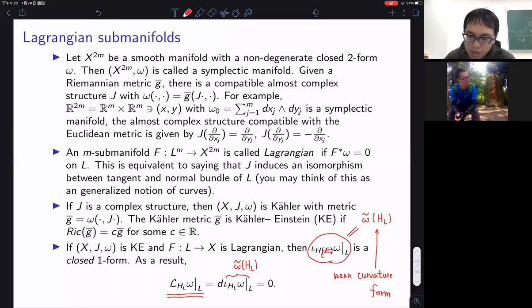Therefore, if omega is 0 on L, then it will not change infinitesimally in the mean curvature direction. So this result gives you an idea that the mean curvature flow will actually preserve the Lagrangian condition.